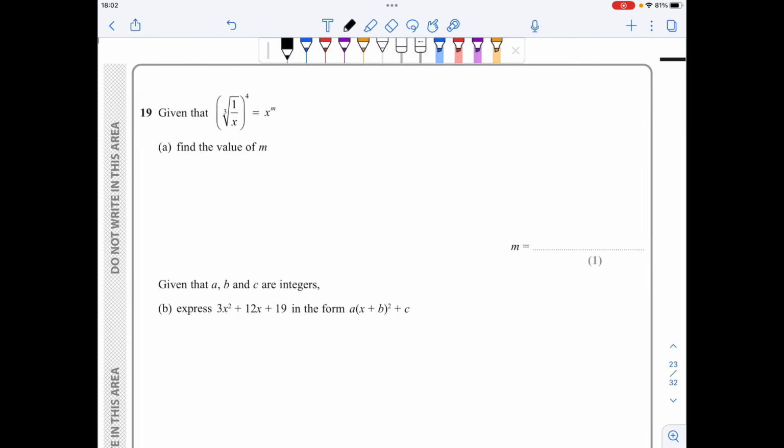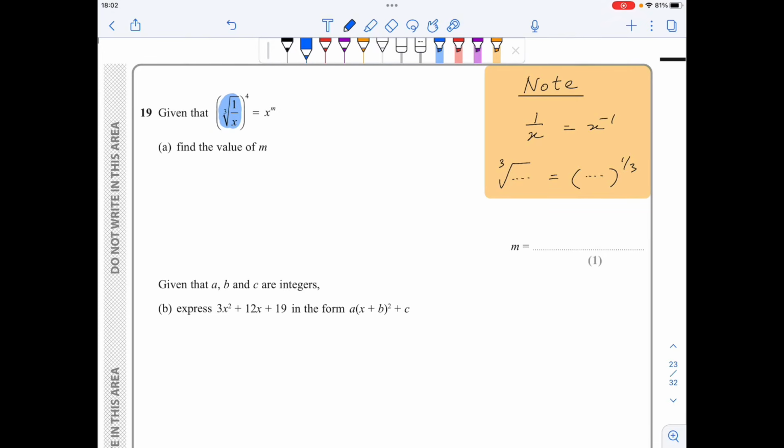For question 19 part A, I'll use the following two rules. 1 over x can be written as x to the minus 1, and the second one is the cube root of something is equal to that something to the power of 1 over 3. So I'll start by considering what is inside the brackets.